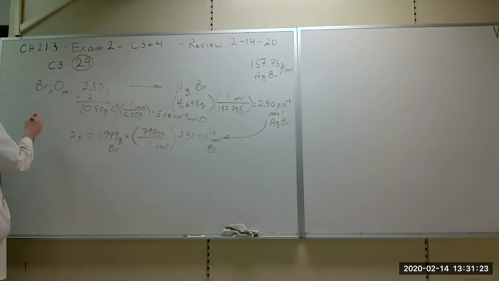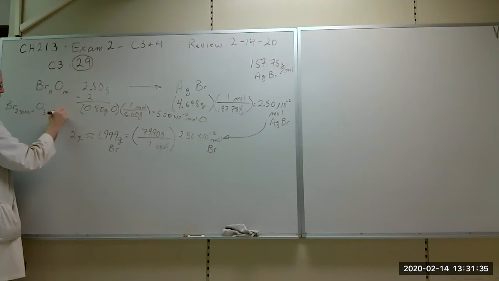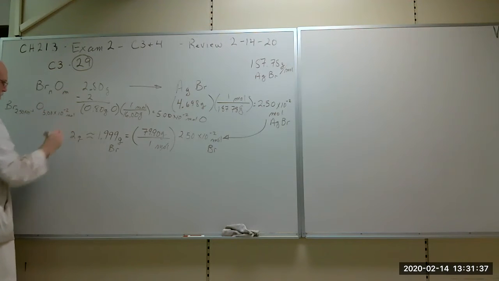So I should say bromine is 2.50 times 10 to the minus 2 moles to every oxygen 5 times 10 to the minus 2 moles. Okay. So then we can reduce this, right? 10 to the minus 2 disappears. Same for both of them.